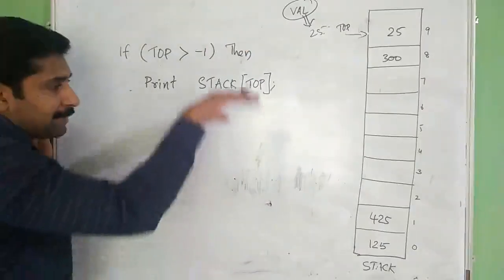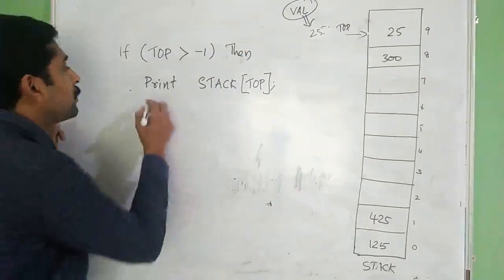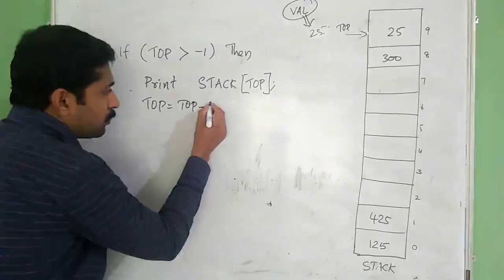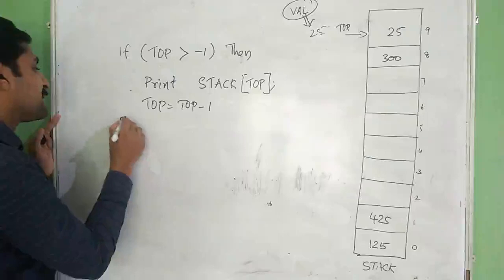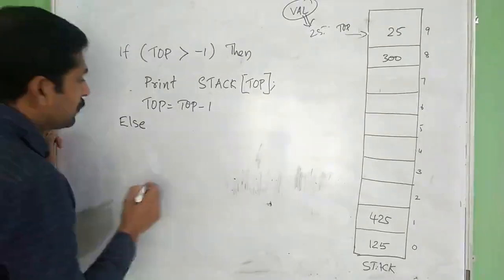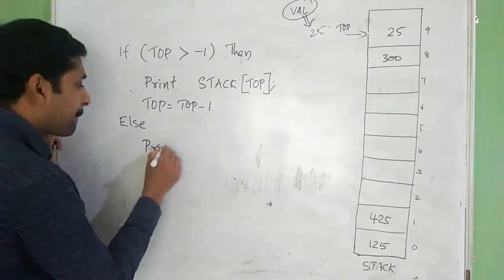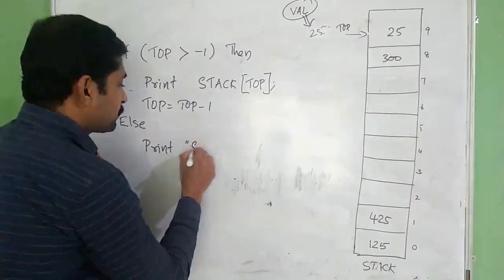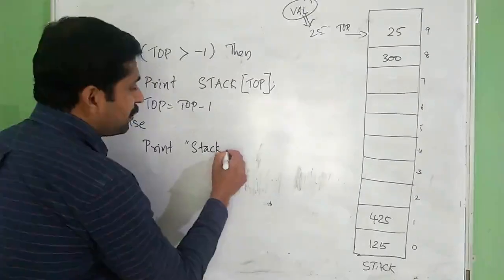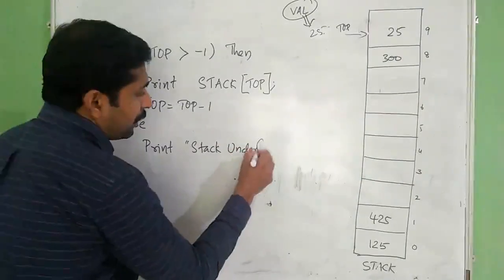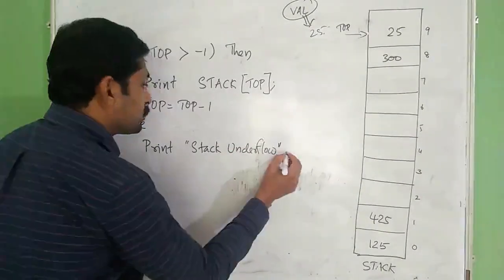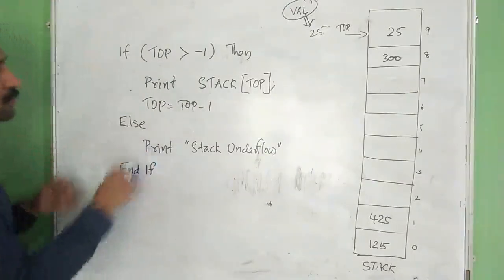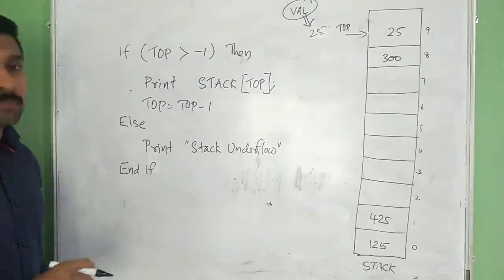Now we have to decrement the top: top equal to top minus 1. Else, print stack underflow, which means there is no item to delete. So this is the algorithm.